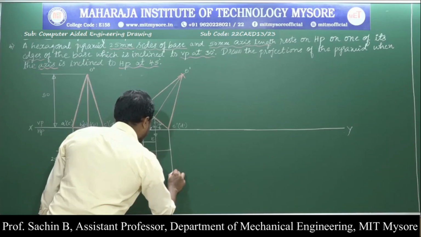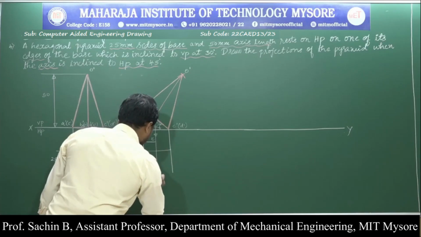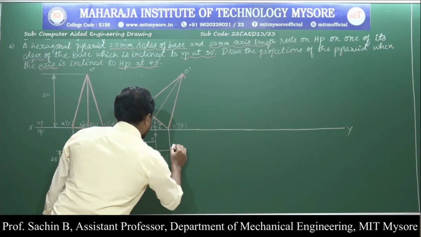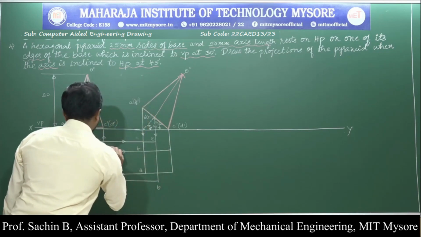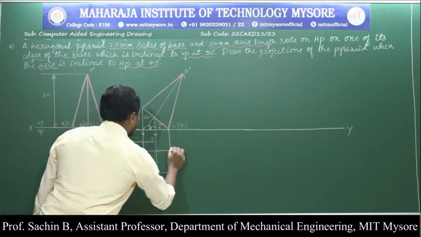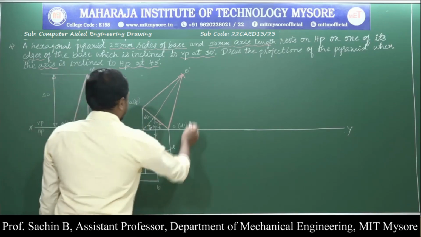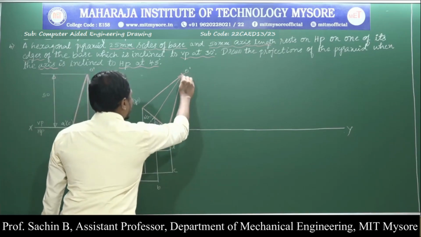I am drawing with a thin line. I am extending that thin line here. This is D, this is C. Now I will go for drawing the O dash point.